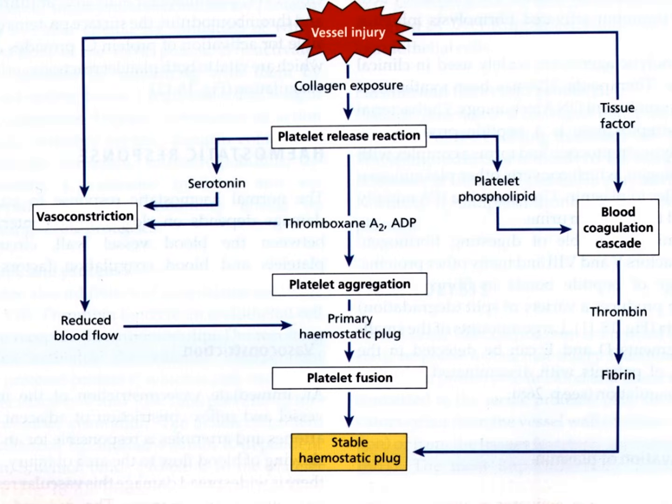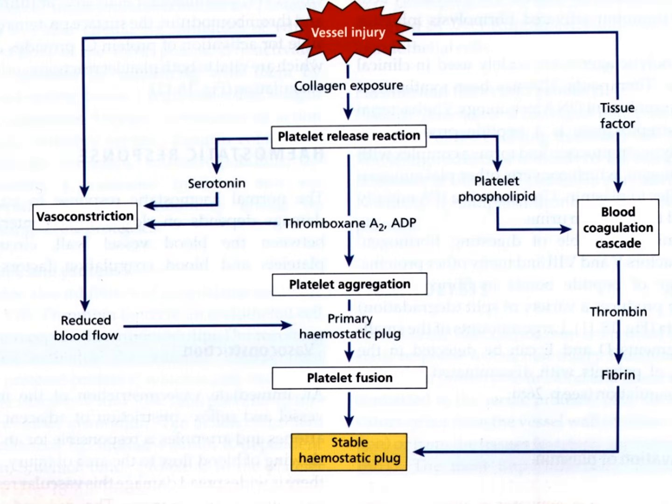Upon vessel injury, the collagen will be exposed, and this will induce platelet release reaction. The platelet release reaction will be responsible for three main things. It will be responsible for release of serotonin from the platelet granules that I discussed before. That will cause vasoconstriction.